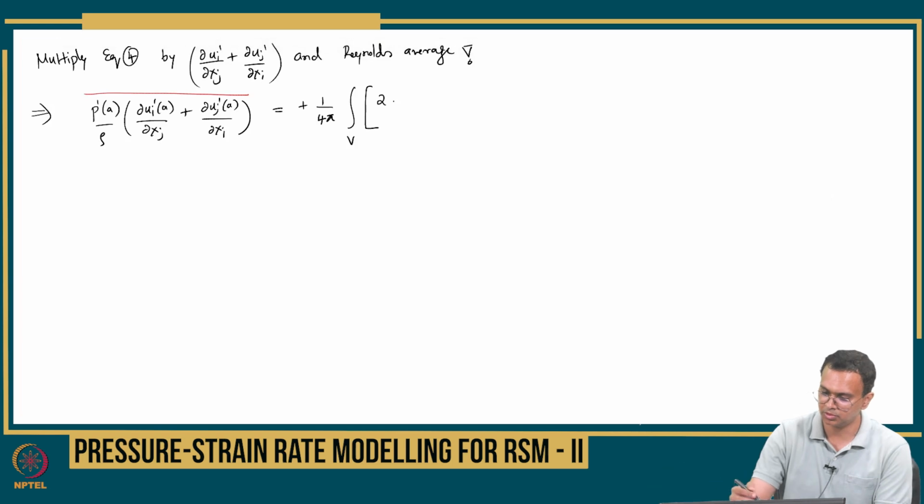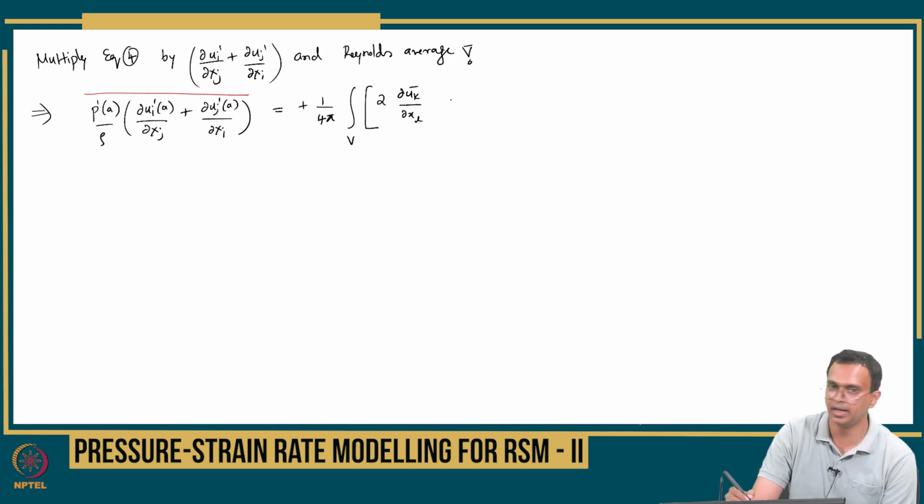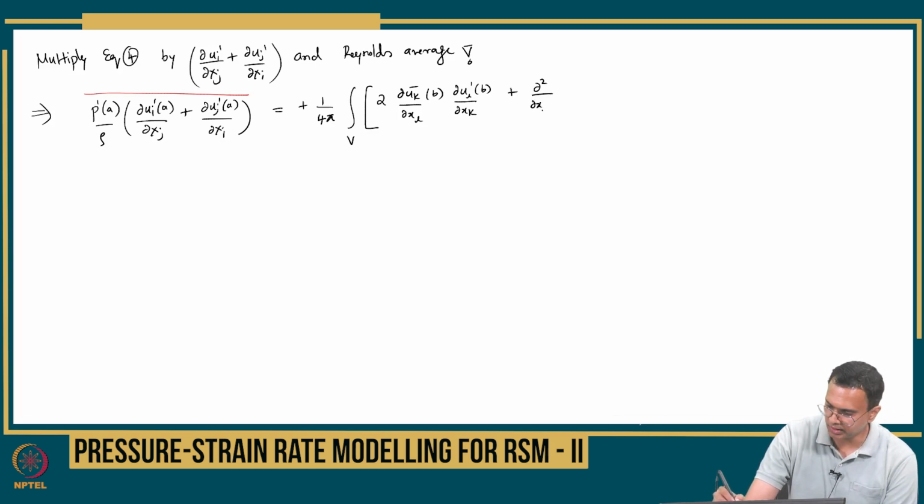So I am going to do 2 ∂ūk/∂xl, with i and j replaced by k and l, of B, this is the point source, and ∂ul'(B)/∂xk, plus I have the ∂²/∂xl∂xk of uk'(B) and ul'(B).